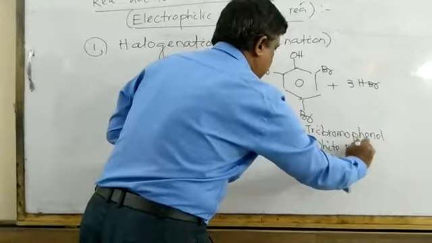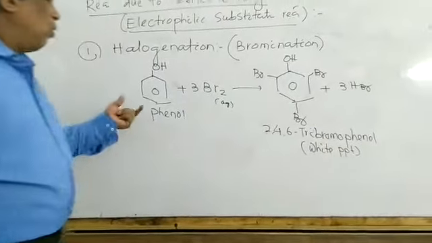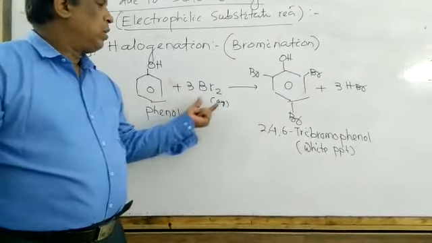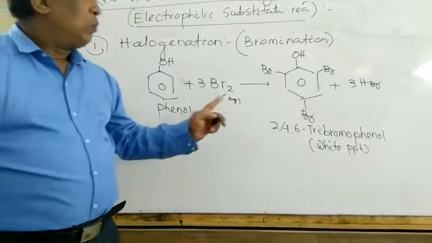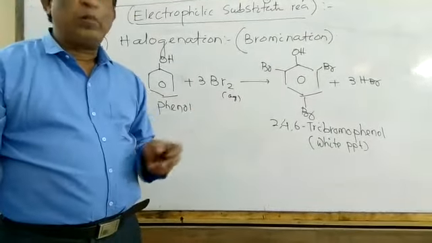White precipitate formed. I repeat again. When phenol is treated with bromine water, a white precipitate of 2,4,6-tribromophenol is formed.